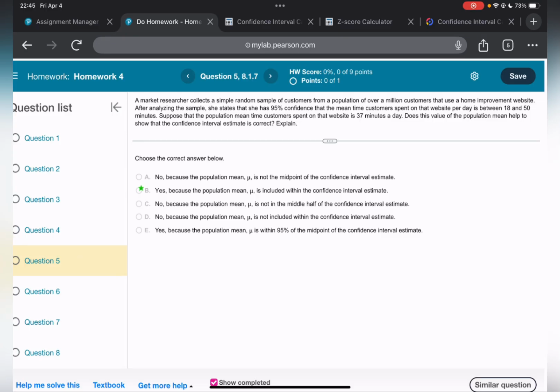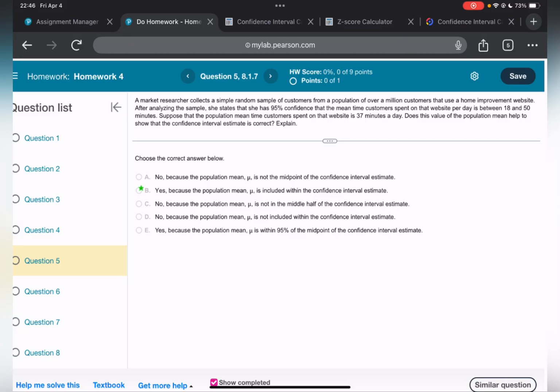So let's see which answer is correct. Does the value of the population mean help show the confidence interval is correct? If the mean is 37 and we have 18 and 50 in the interval, 37 falls in this interval, correct? So yes, because the population mean is included within the confidence interval.